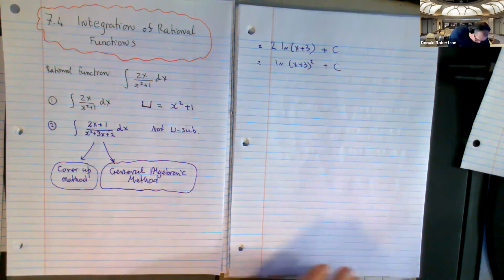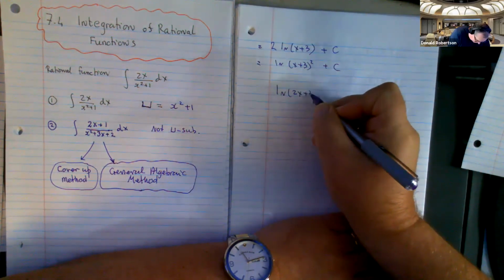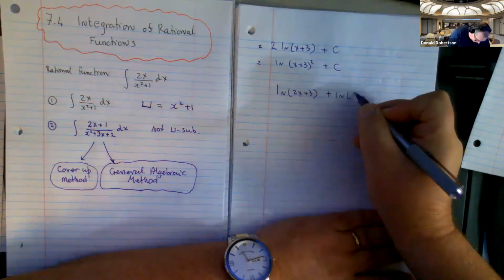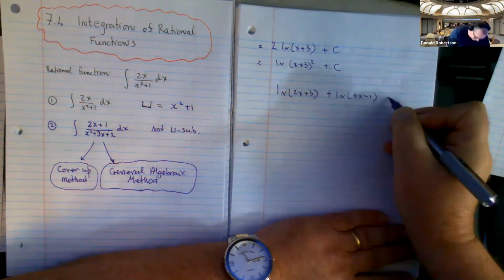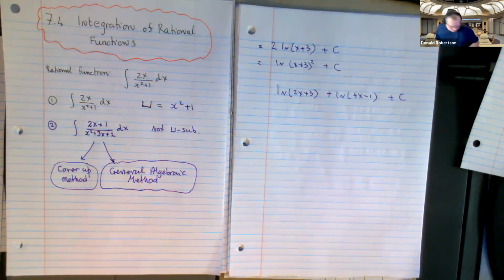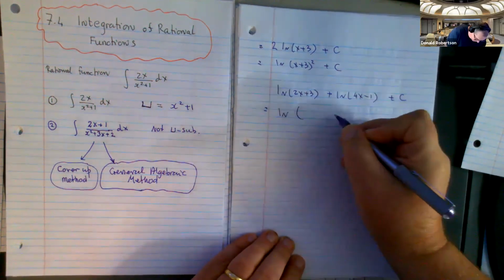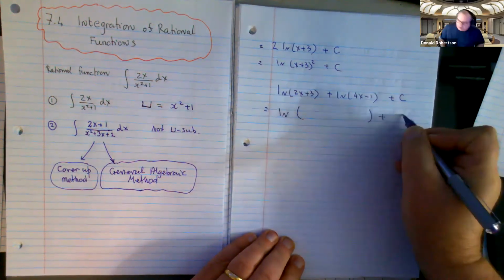Okay. Suppose we get an answer that looks like this. And suppose we do some integrals and the answer ends up being 2 logs being added in this case. And we would like to combine them into a single log.